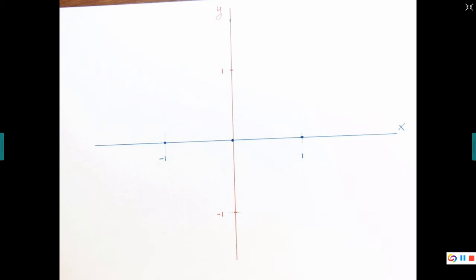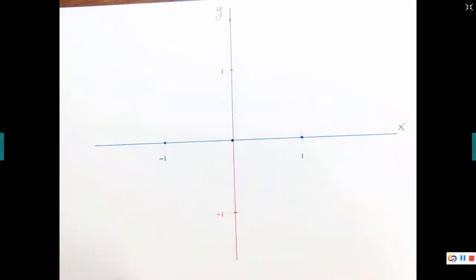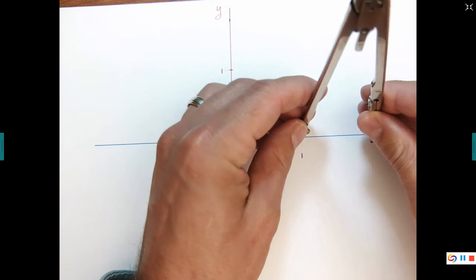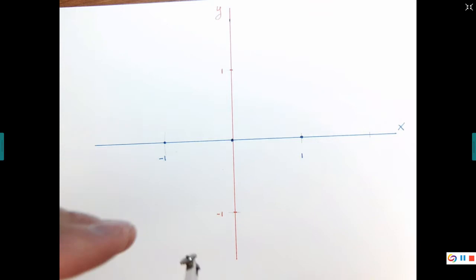And what I'm going to do next is create a circle that intercepts these points. I could have struck that through right away, and I will do that, but let me just mark off a couple other points here. There's 2.